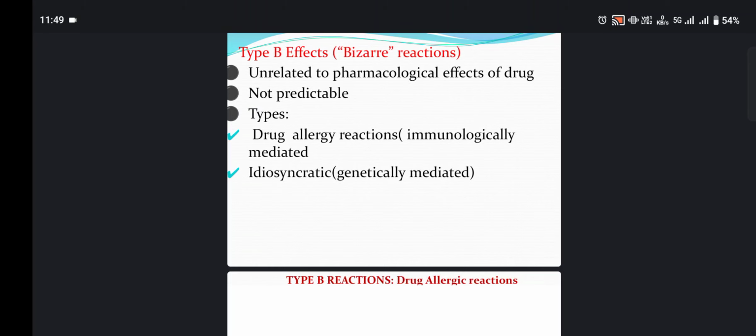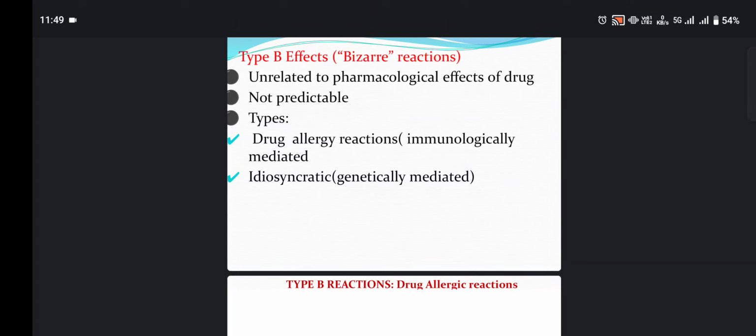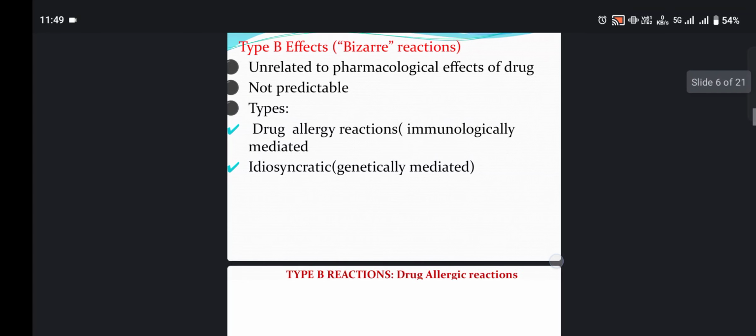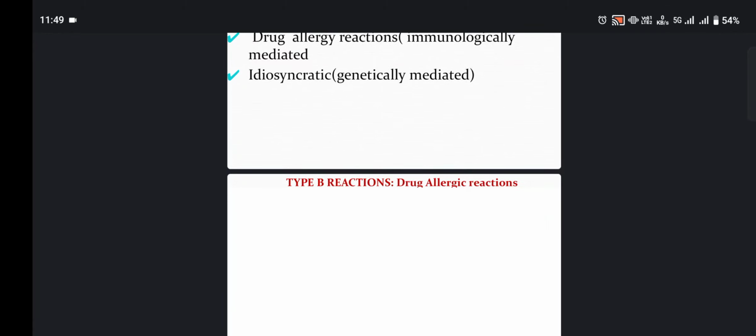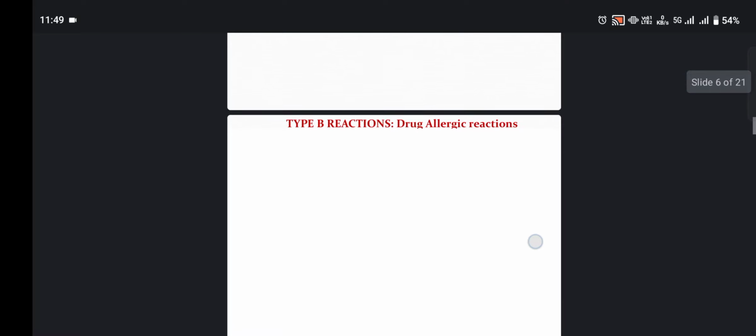Very simply, we can say it is an immune response involving IgM, IgG, IgA, IgE, and those kinds of antigen antibody reactions. Idiosyncratic means a genetic mediator that depends on our genes.